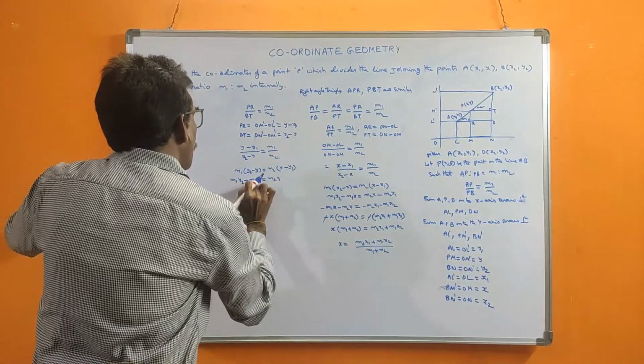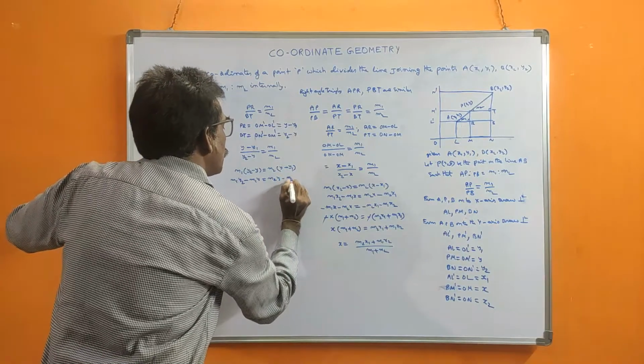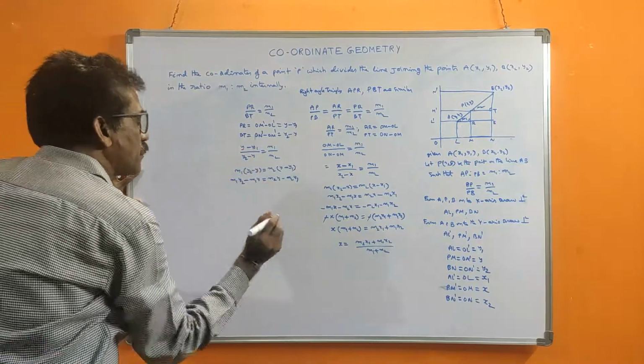Okay, m1 y2 minus m1 y is equal to m2 y minus m2 y1. Okay, don't write it wrong, you should carefully see.